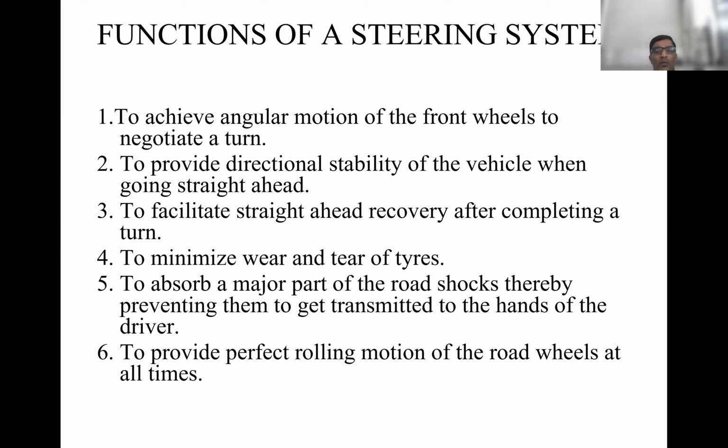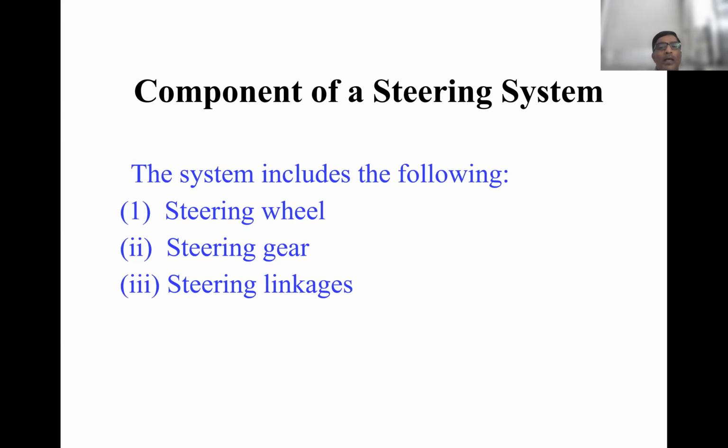And finally, to provide perfect rolling motion of the road wheels at all times, which we can call true rolling. That means the tire is completely in contact with the road, and when it is rolling in that manner, we call it a perfect rolling motion of the road wheels.